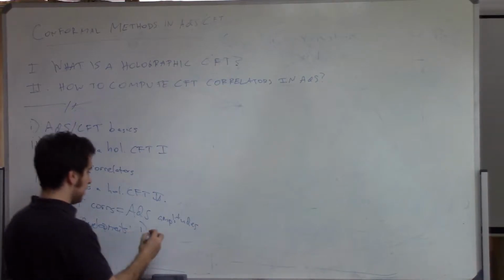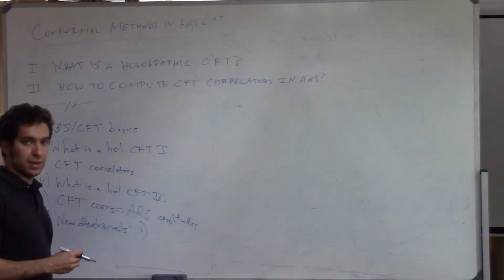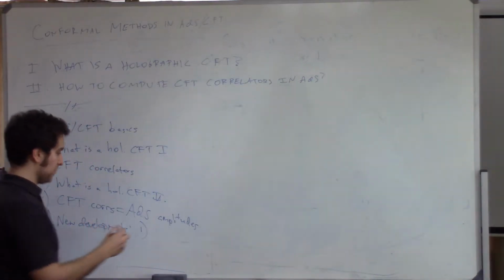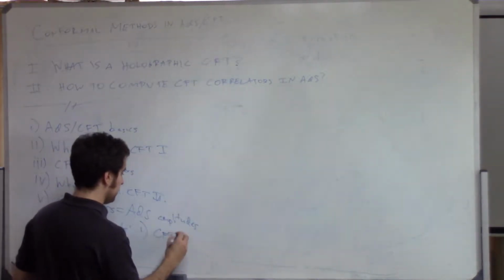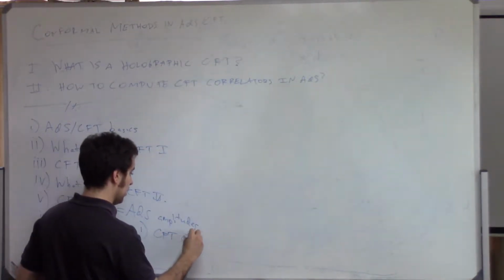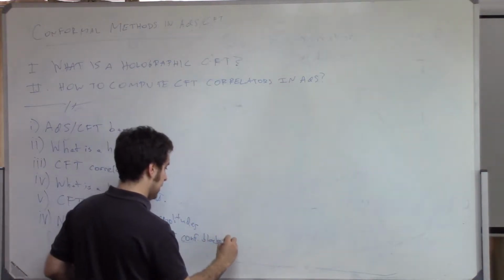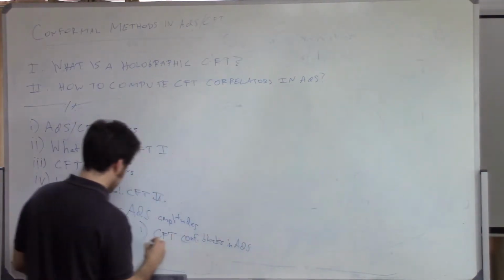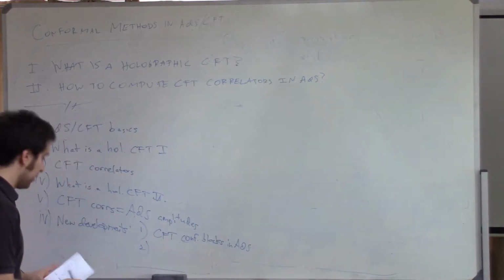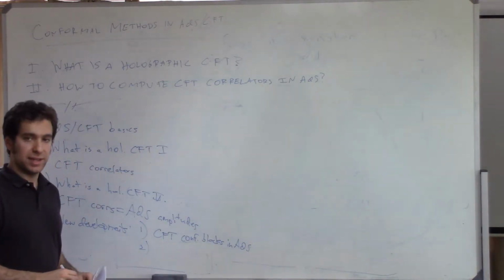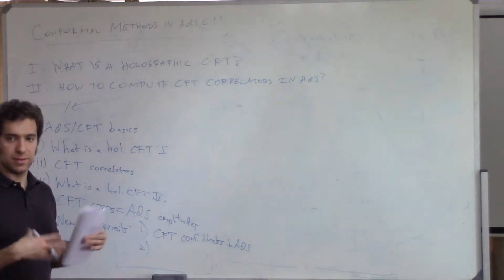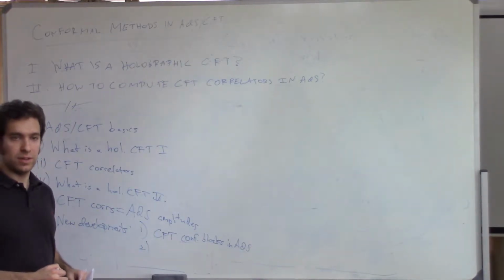The first is how to represent conformal blocks in anti-de Sitter space using geometry. So CFT conformal blocks in AdS. And the second is how to compute loop amplitudes in AdS corresponding to non-planar higher order corrections to CFT correlators in the 1/N expansion.